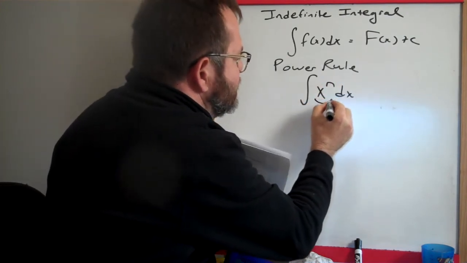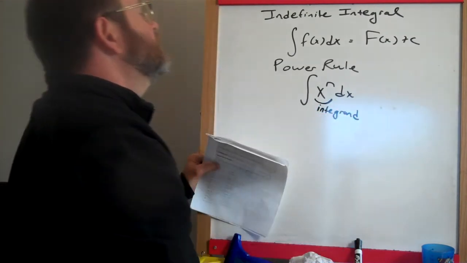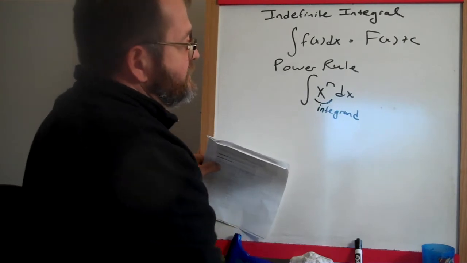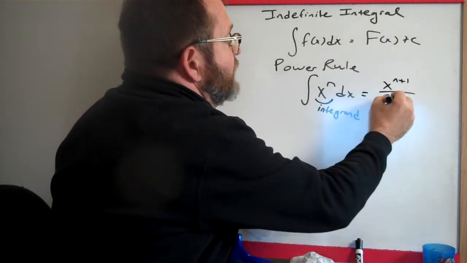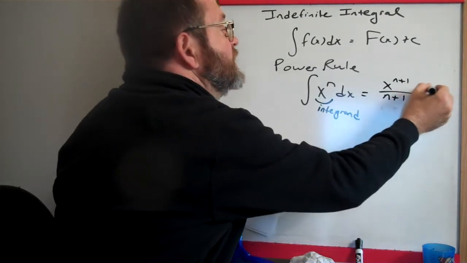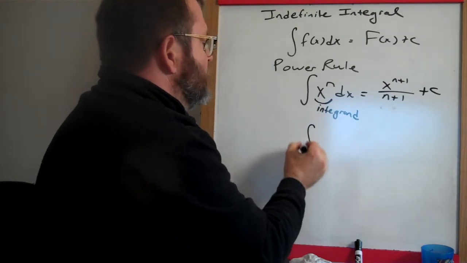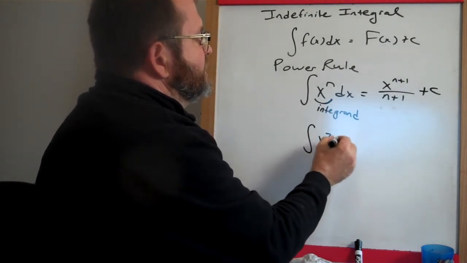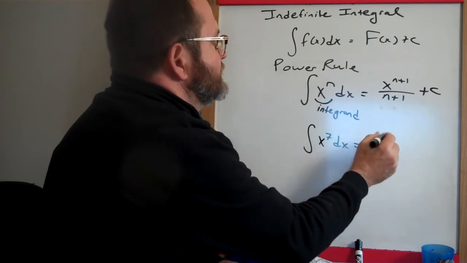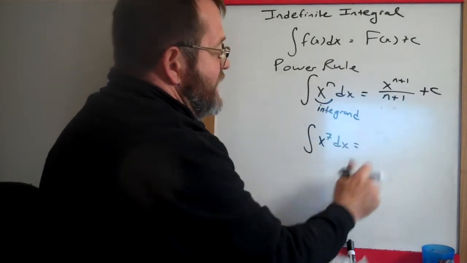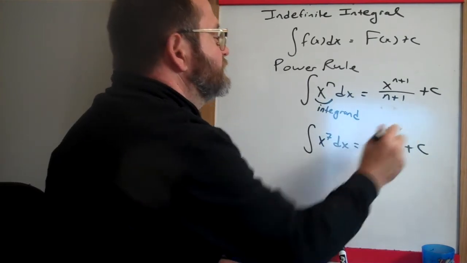Hey, by the way, this thing on the inside here is called the integrand. The indefinite integral of x to the n is going to be x to the n plus 1 divided by n plus 1. And then plus c on the end here, because that can be any constant. So it's real straightforward. I mean, the indefinite integral of x to the 7th dx is equal to x to the 8th over 8 plus c.